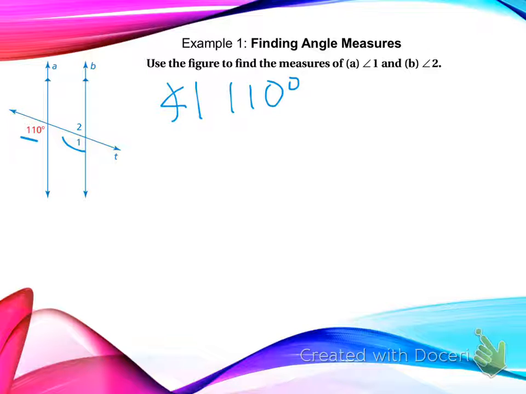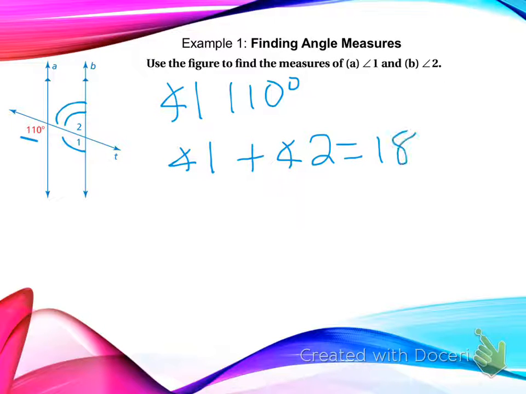Now when we're looking at number 2 though, we know that angle 1 and angle 2 are what is called supplementary. Supplementary angles mean that if you add both angles together, you're going to get 180 degrees because, see, it makes a straight line. And a straight line is 180 degrees. So in order to find the measure of angle 2, angle 1 plus angle 2 is going to give us 180 degrees.